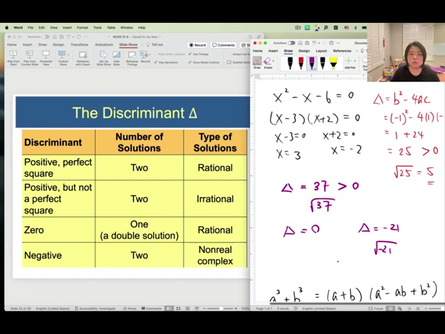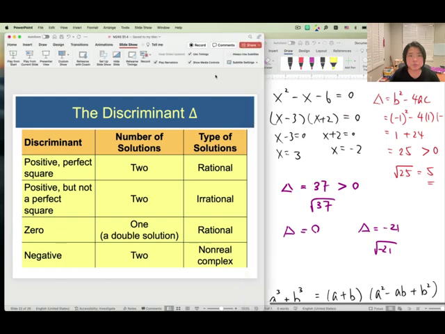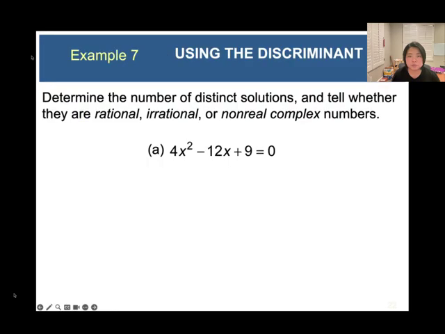Okay, let's try to do some examples together. For this one, figure out what your a, b, and c are. You should get that, right? And then we find the discriminant, b squared minus 4ac, and plug it in.